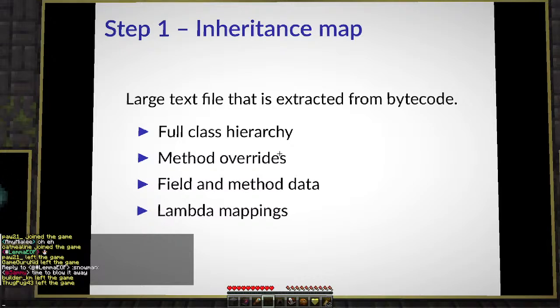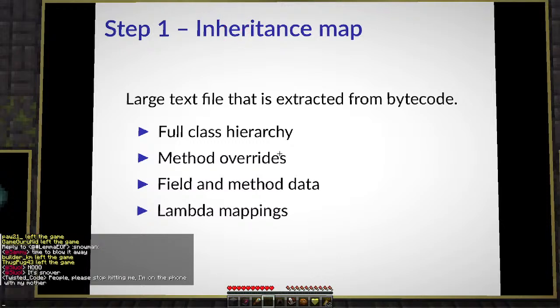The first step is the inheritance map, which is extracted from the bytecode. It's a large text file, and originally it just contained the class hierarchy of every Minecraft class to object. But later on, for different things that I wanted to do with it, it got more data, but that's why it is called inheritance map, which no longer really describes what it is.